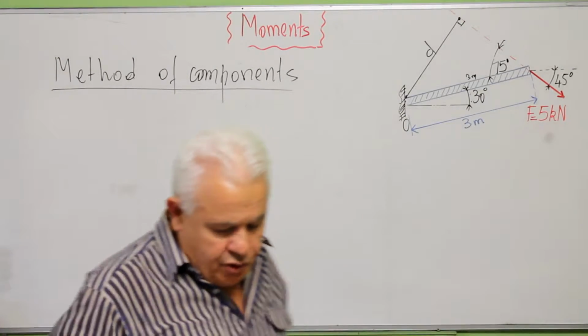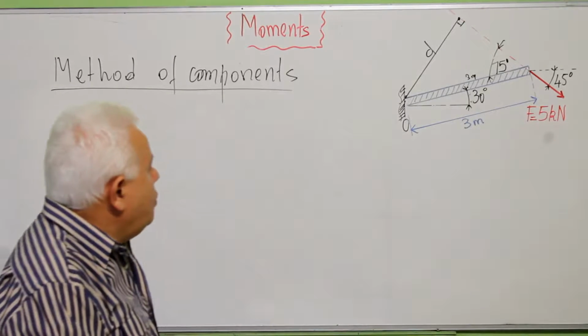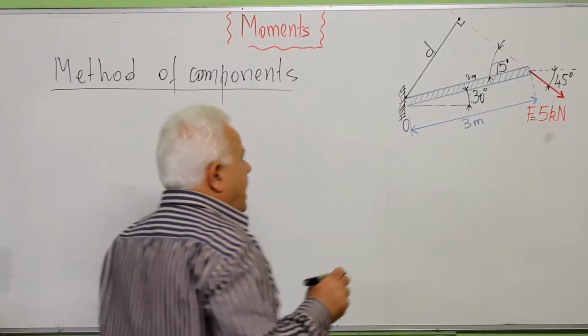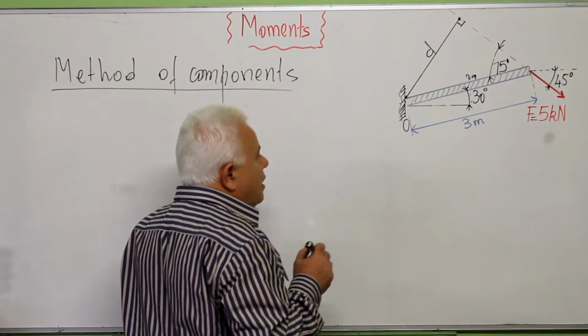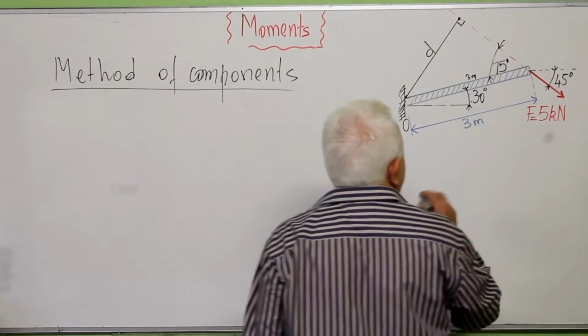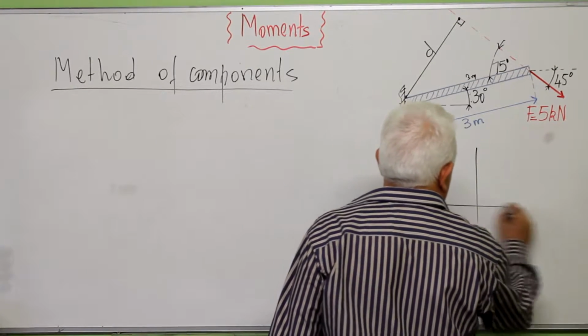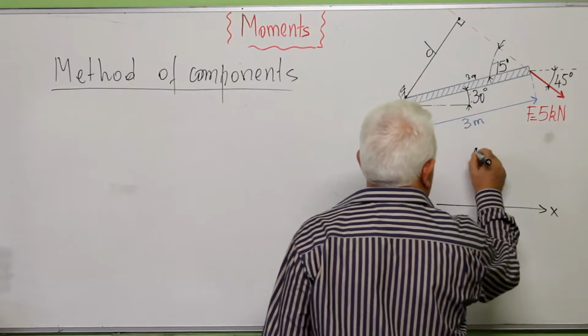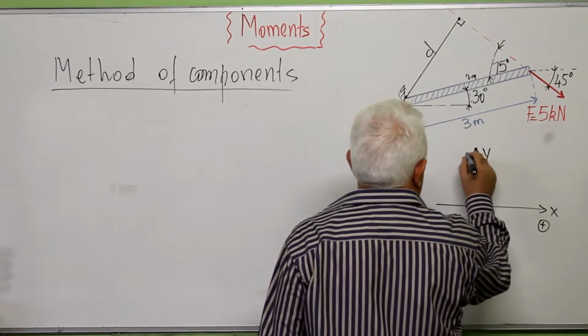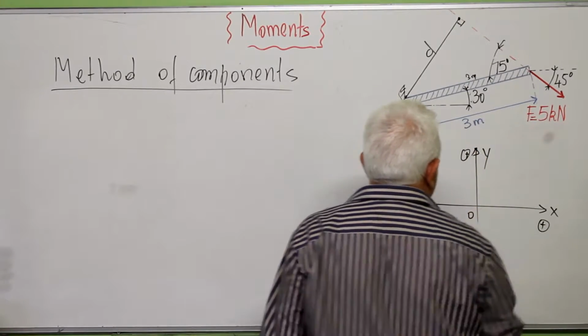We have to choose a system of axes x and y, and we orient them like this, positively.